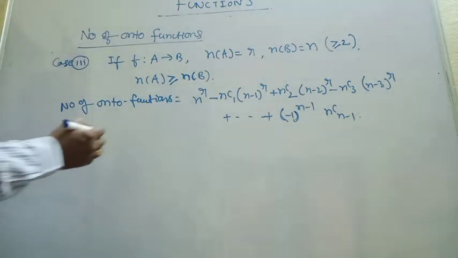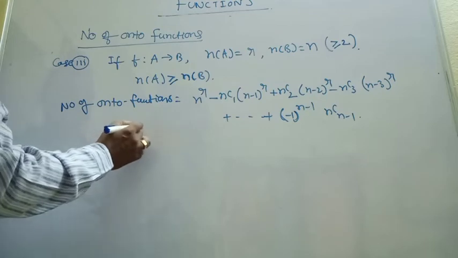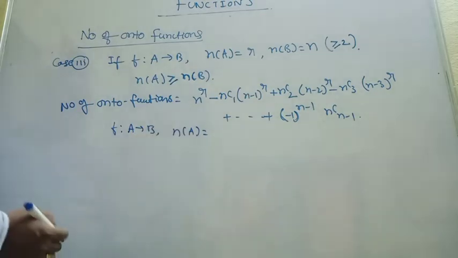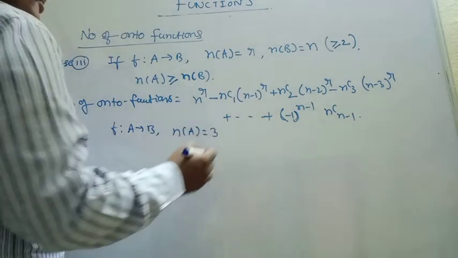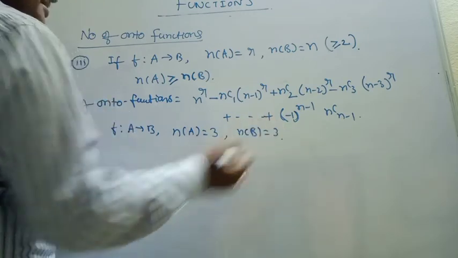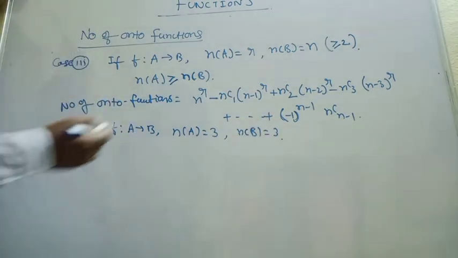Suppose let us take that f is a function from A to B, and n(A) has three elements, and n(B) is also having 3 elements. So n(A) is 3 and n(B) is also 3.